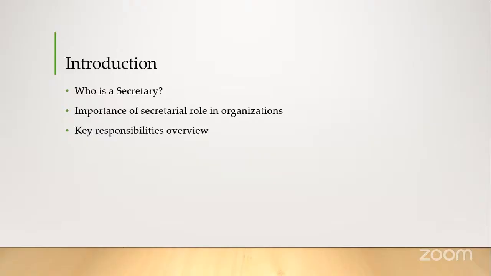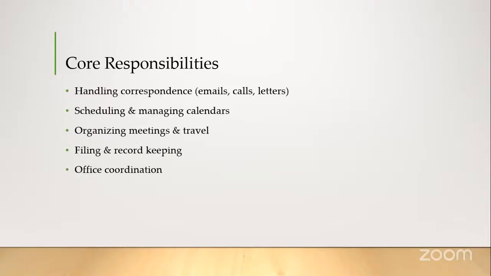The position of secretary or executive assistant is basically the same role that a coordinator has to do, but with more extensive responsibilities and accountability. The core responsibilities we spoke about are handling correspondence, emails, calls, and letters, scheduling and managing calendars, organizing meetings and travel, then filing and record keeping, and office coordination.